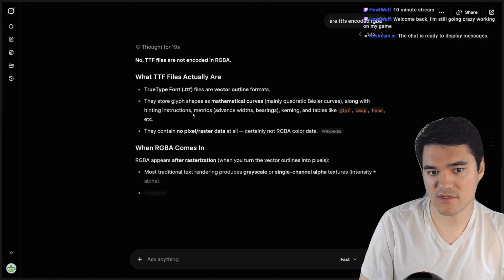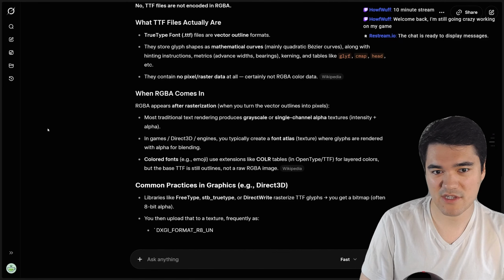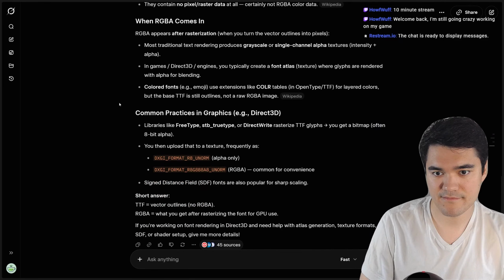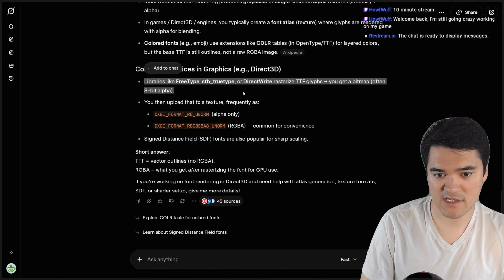Yeah. So they have mathematical curves. So it's like an SVG, I suppose. Oh, interesting. stb_truetype does rasterize to 8-bit alpha. Possibly. So we should investigate that.